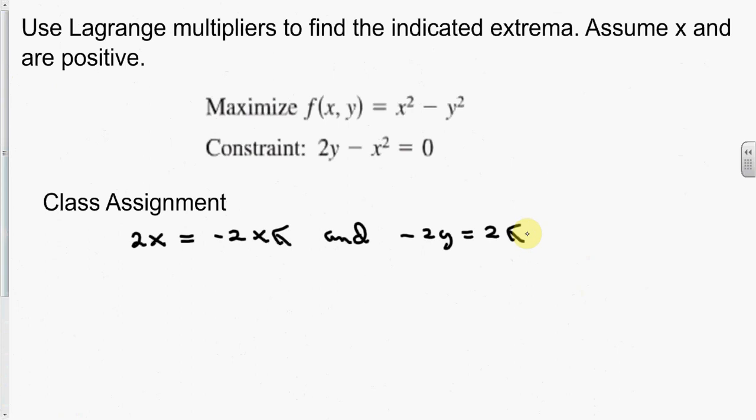So notice that the constraint equation is 2y is equal to x squared. Now, from this equation here, if you divide out the 2x, you have lambda is equal to negative 1.